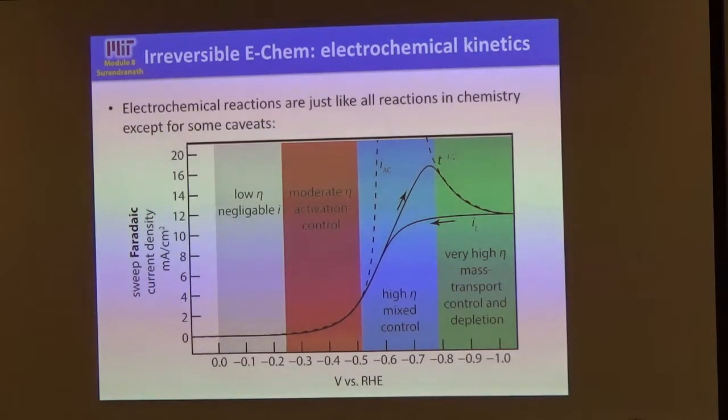I haven't reached the steady state condition, and so if I have a lot of reactant or a lot of protons at my surface, I'll actually get a peak in that curve, and then it will eventually decay to the steady state value. And that decay is the same decay we saw before when we just did a simple outer sphere 1 electron transfer. The same would exist for a complex multi-step reaction as well.